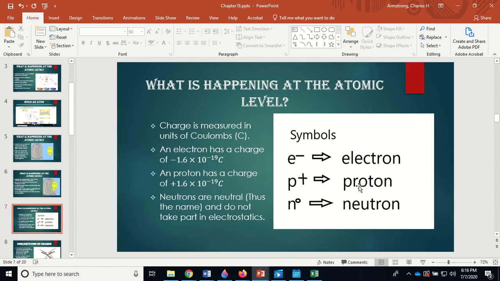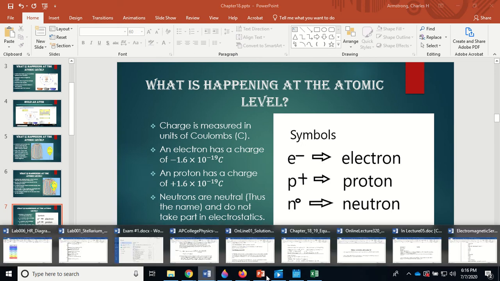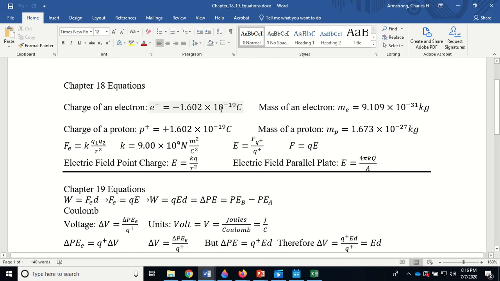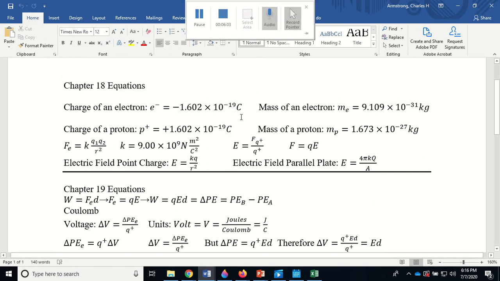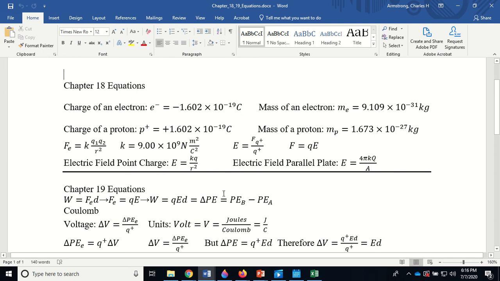Neutrons are neutral, thus the name, and do not take part in electrostatics. They're not important. They're locked away in the nucleus anyway. They don't contribute to the plus and minus part of this. And you've got all of this here. See, there you've got the charge of the electron, the charge of the proton, the mass of this. This is on Canvas.